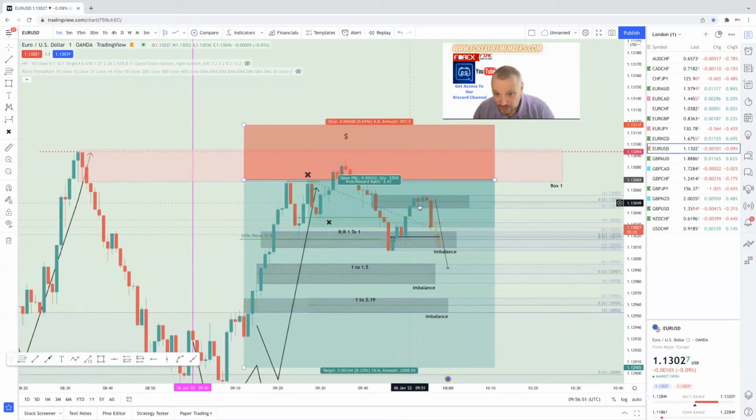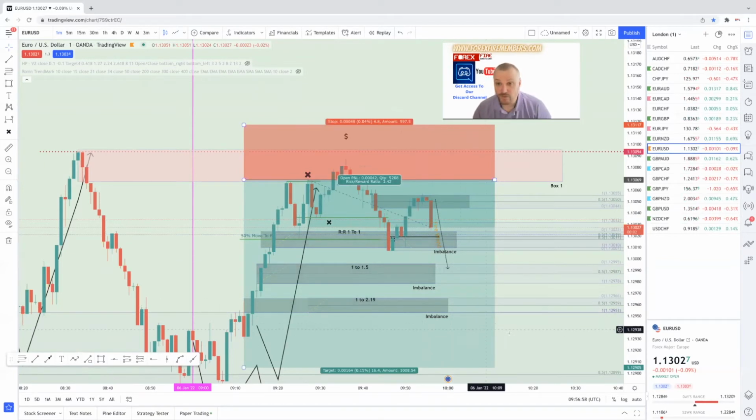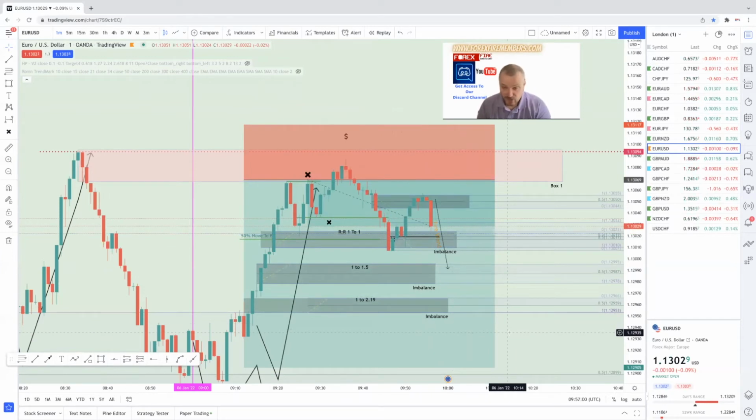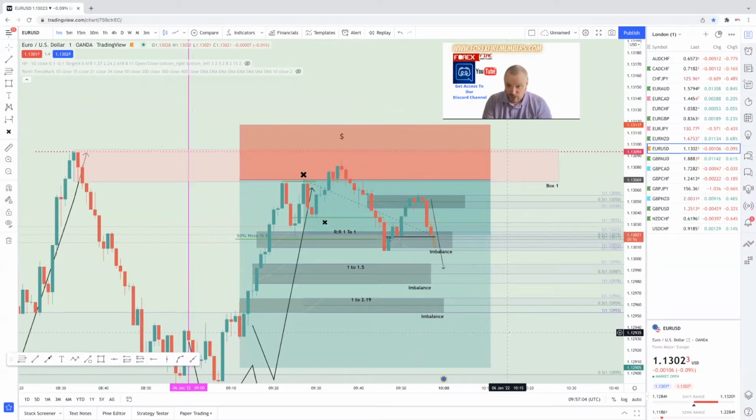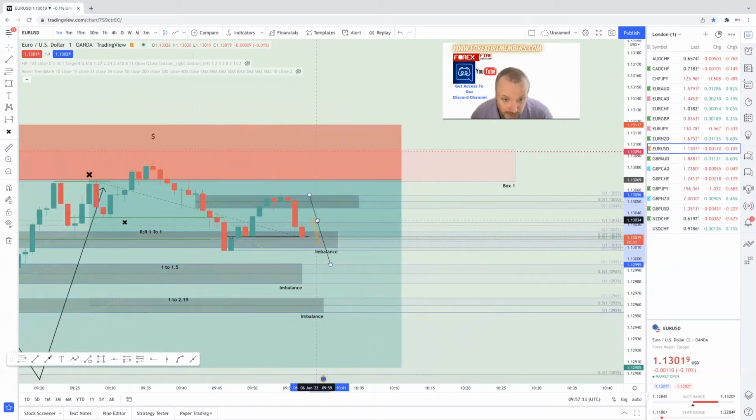And you can see how I've done this over the last hour, coming into the halfway point. I've just shown you price action, order blocks, and how they're being respected. Look, it's bouncing from one, and now it's bouncing straight down to the other one.